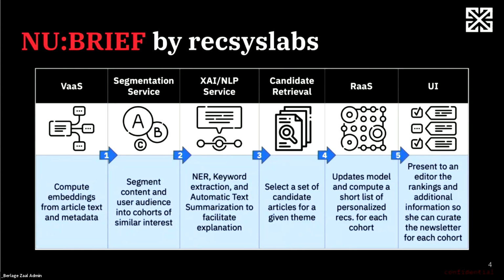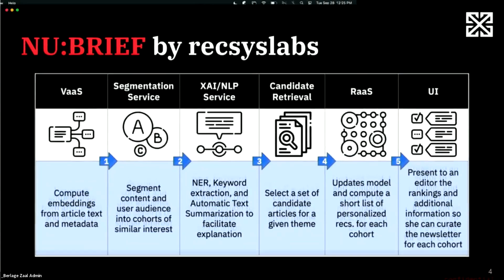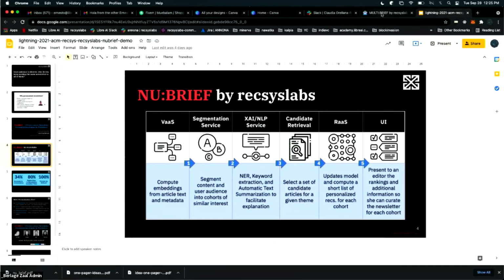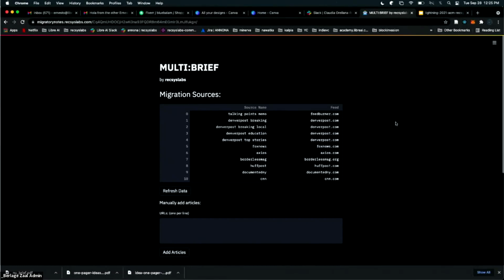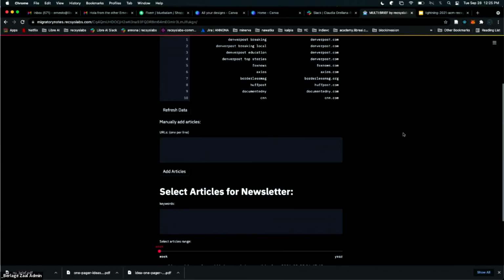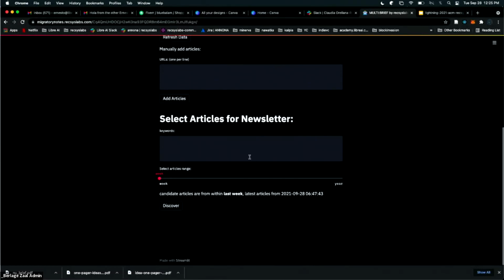This is the pipeline, but I won't go over it. I would rather show you how the tool looks. The data comes from different sources, and it's mostly around migration in the US. We have keywords that define a specific segment if you have one in mind, or you can directly discover different segments that identify the data.